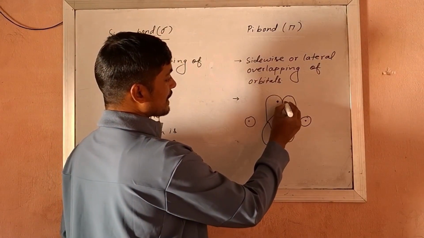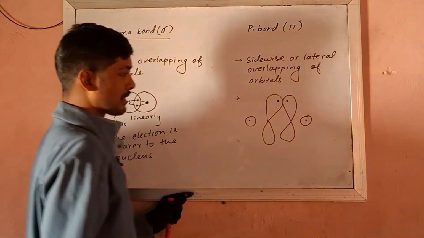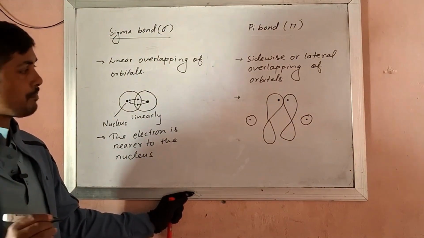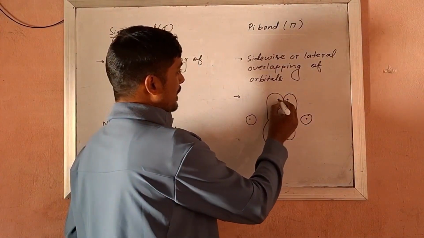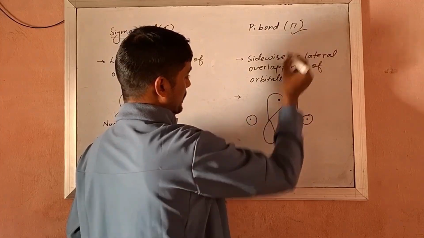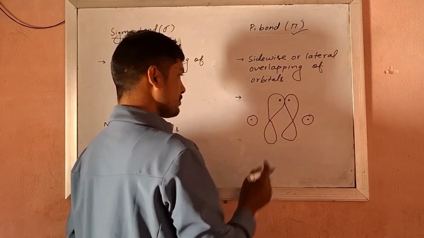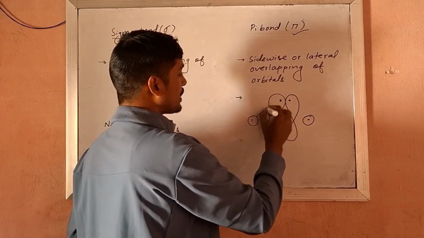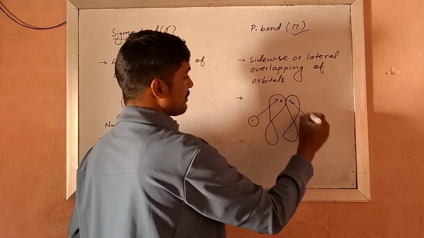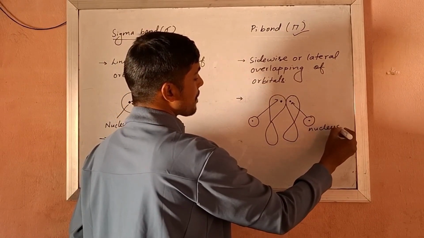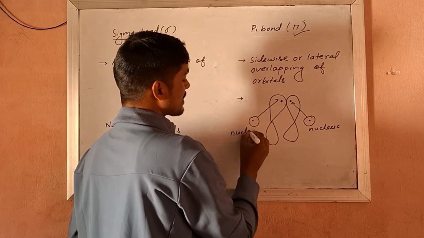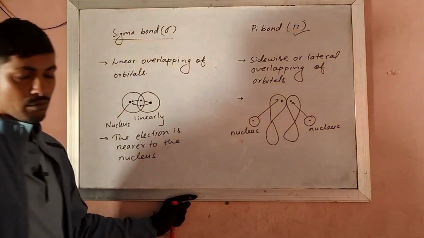Now these electrons are bonded together, they form a pair to make a pi bond, and they are away from the nucleus.